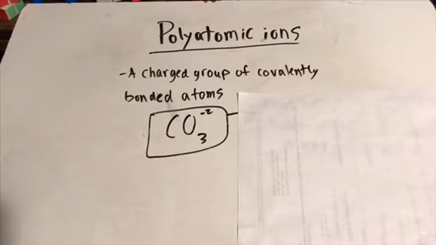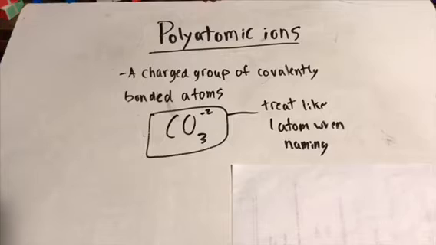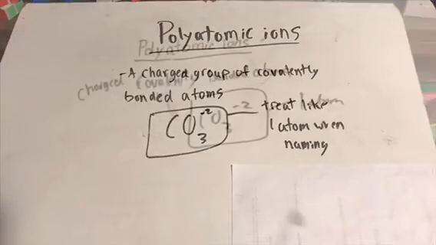Because it has an O3, I guess that'd be 4 atoms that are covalently bonded together. Now, when you're naming and using these polyatomic ions, you treat that ion like it is 1 atom. You don't treat the carbon and oxygen separately.